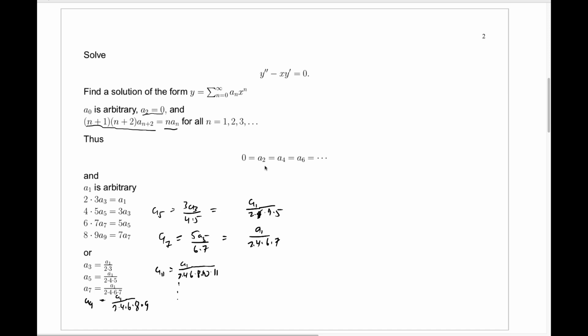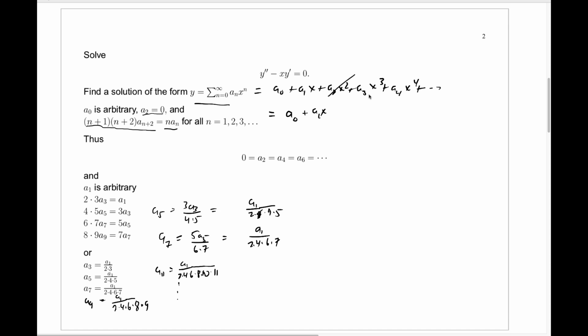Now, with all that information about the coefficients, let's put it together. Remember, a naught is arbitrary. y is a naught plus a1 x plus a2 x squared plus a3 x cubed plus a4 x to the fourth, etc. A naught is arbitrary. a1 is arbitrary. a2 is 0.